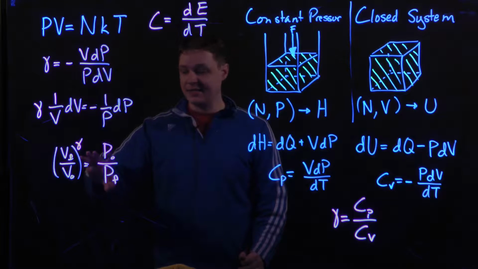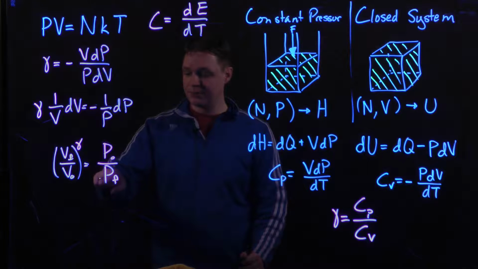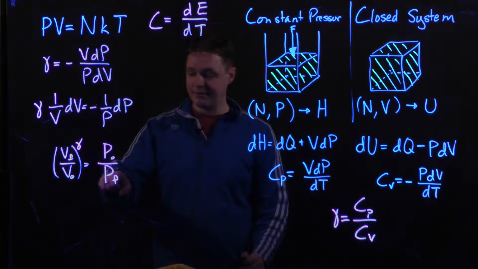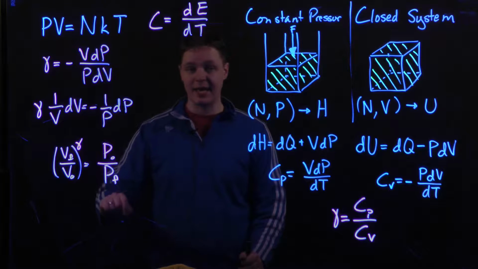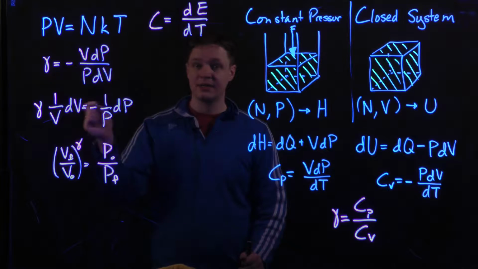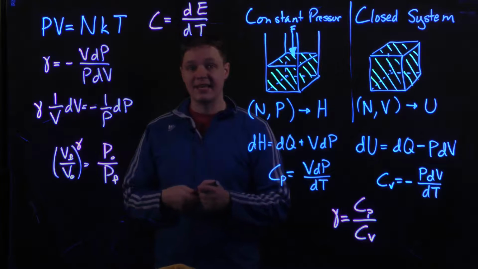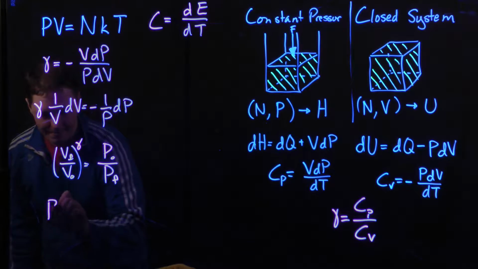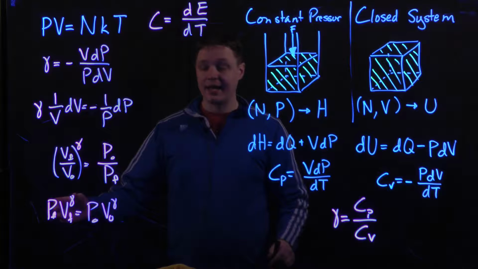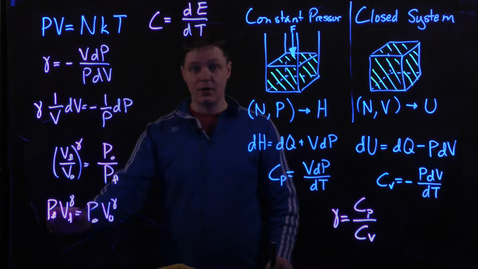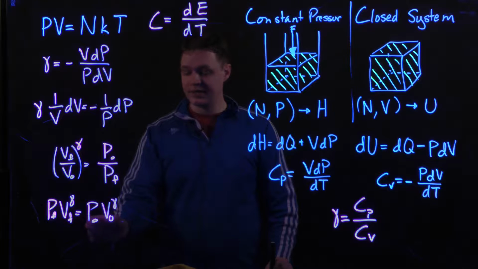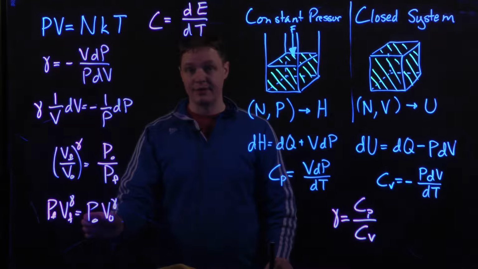But more than that, if I multiply both sides by PF, the final pressure, and I multiply both sides by V naught to the gamma, the initial volume to the gammath power, then what I get is the following. I get something that on one side only depends on the final values, and on the other side only depends on the initial values.